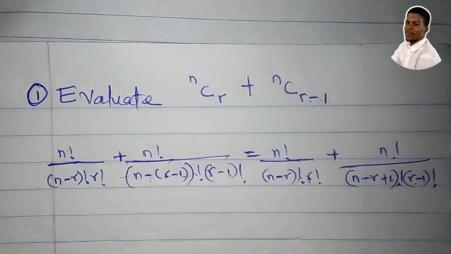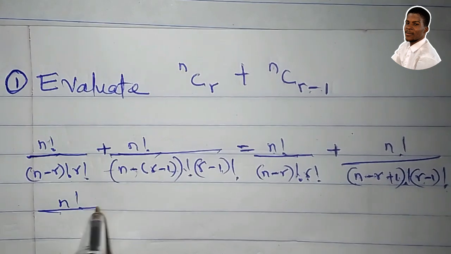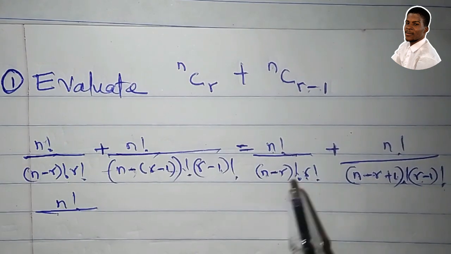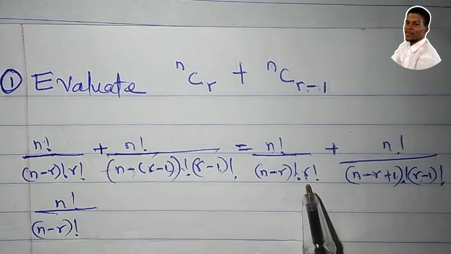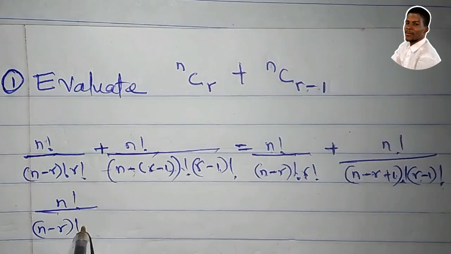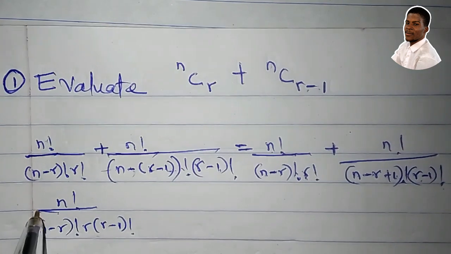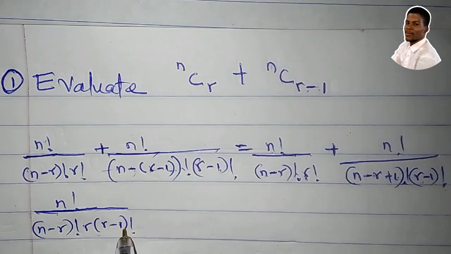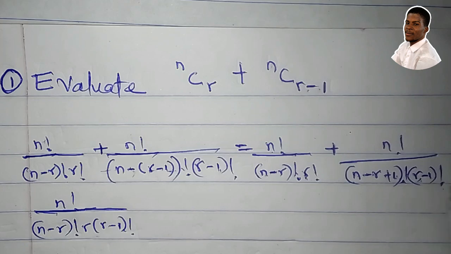This is what I'm saying. n factorial divided by (n minus r) factorial, and this r factorial is r times (r minus 1) factorial. I am stopping at (r minus 1) factorial because of this (r minus 1) factorial here, so that I can factor them out.